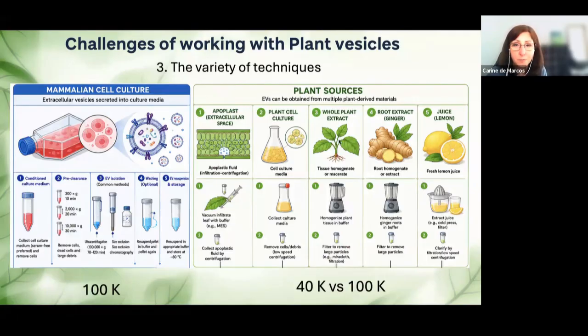In plants, you have so many different types of sources like juice, homogenates, roots, cell culture from roots, leaves, plant cell culture, or the extracellular media that is called the apoplast, as I told you, which will lead to different types of purification.